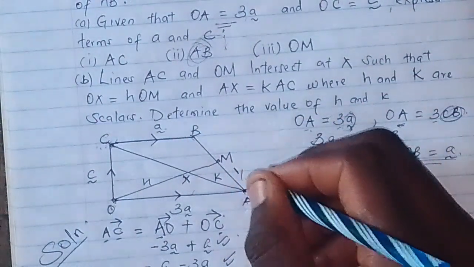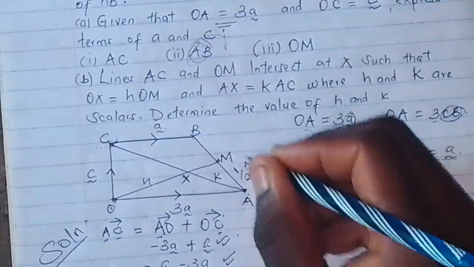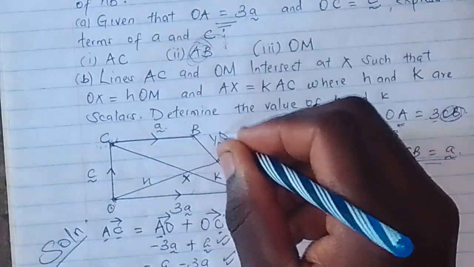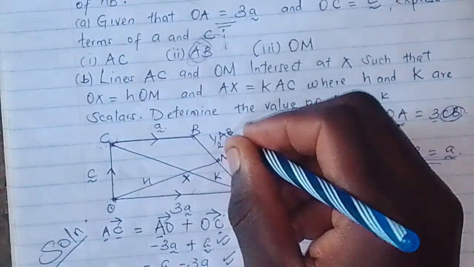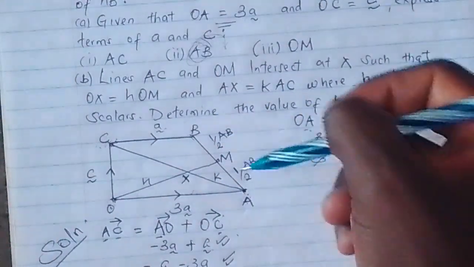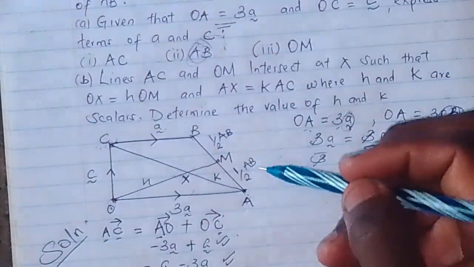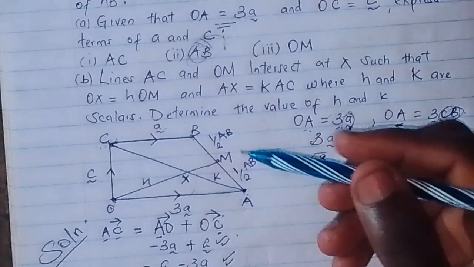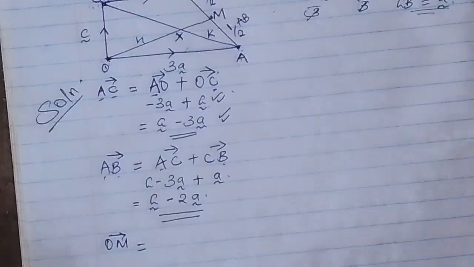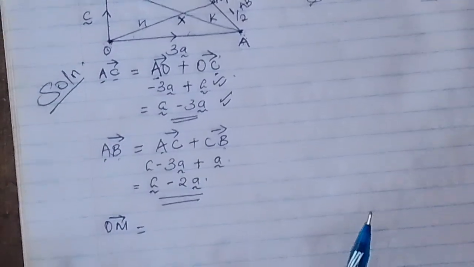So AM is a half of AB. Understood? So we have now our OM.